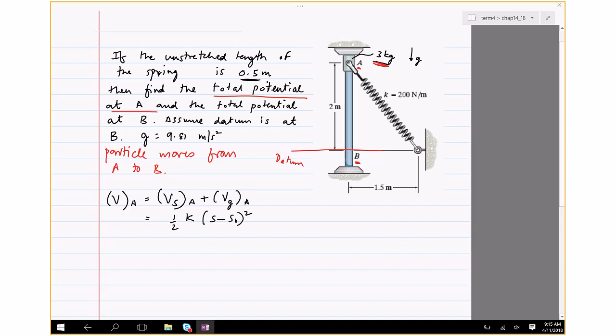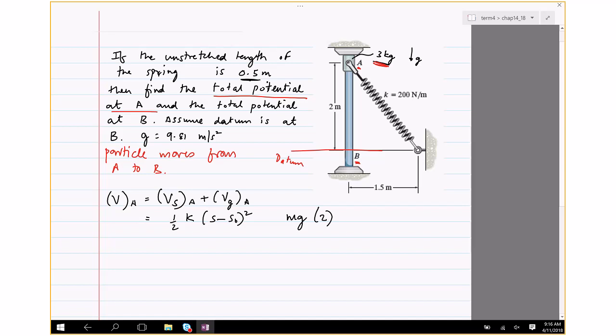Potential is positive. Since the datum is down there, the gravity potential is going to be mg times the distance from the datum. The datum is here, so the mass is 2 meters above, so it's 2.